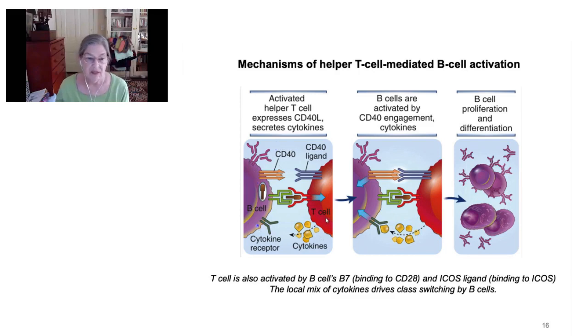Okay, and then the B cell is getting activated, signal 1, by virtue of binding to antigen and CD40 ligand binding to its CD40 and also cytokines activating it. So that's what you see here. And so they both are getting activated to push this germinal center response.